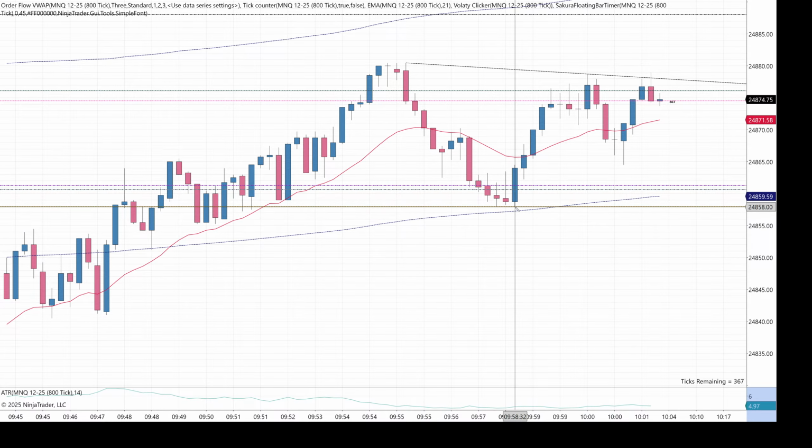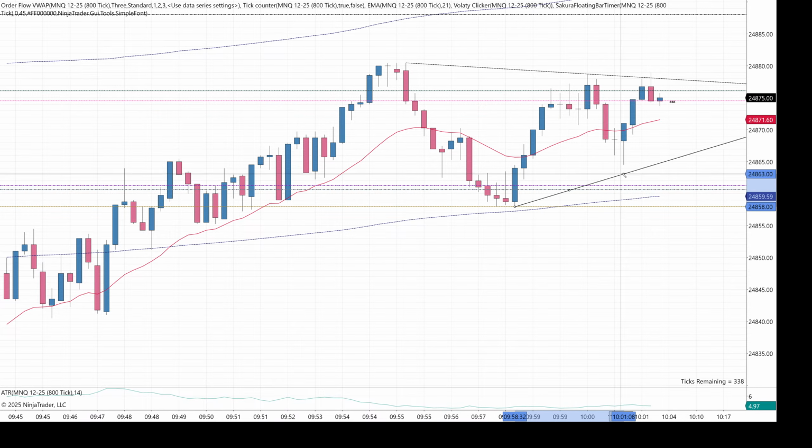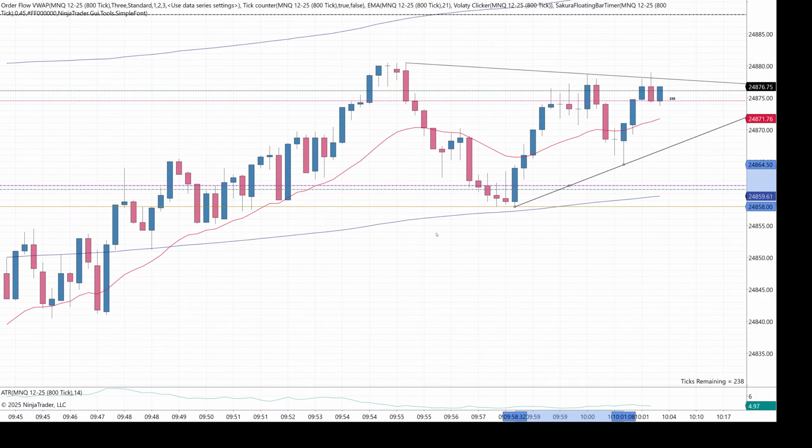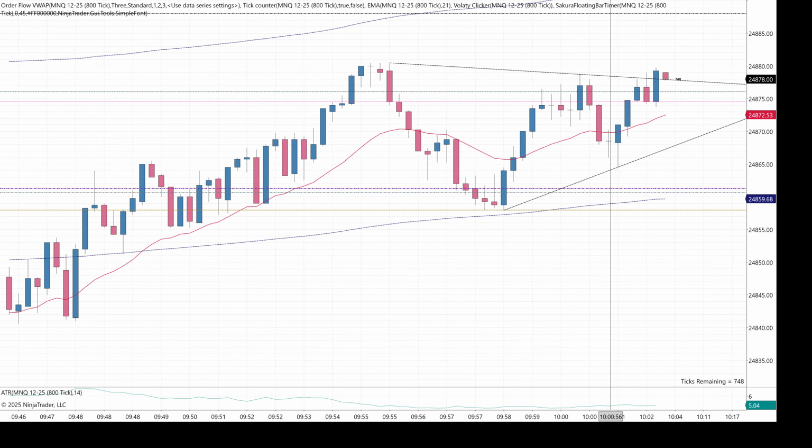We have a bigger upward trend line like this right here. I don't think this is going to be a signal. Could. It did break the bigger trend line.